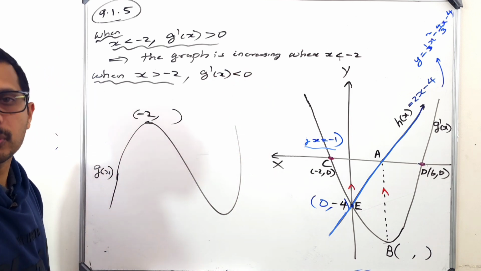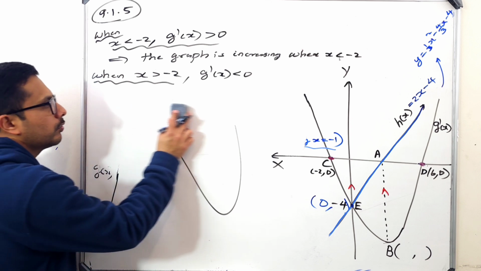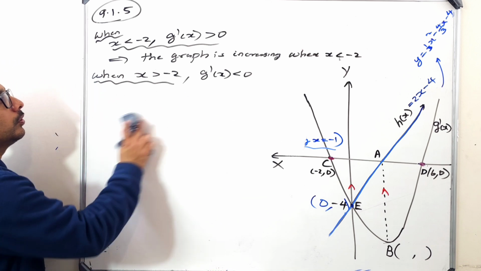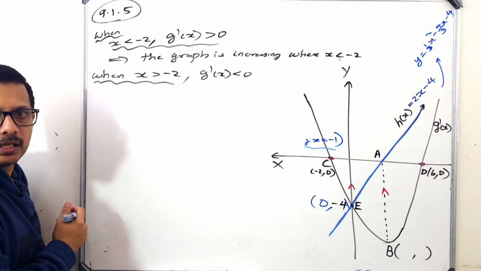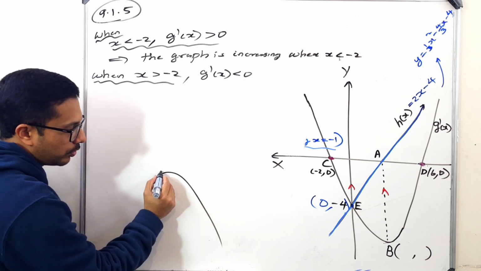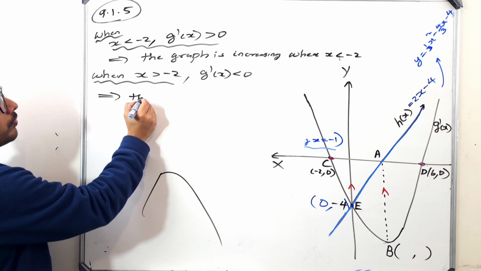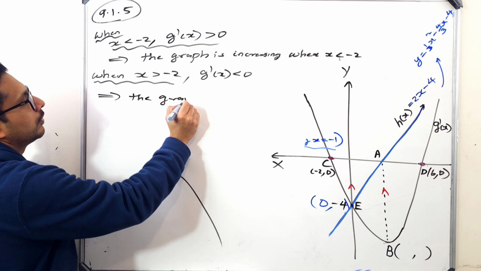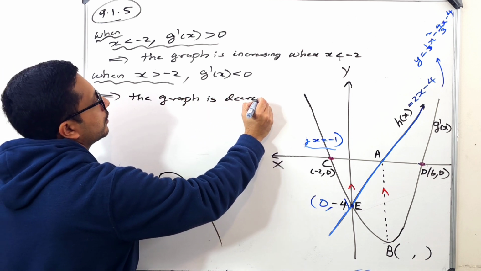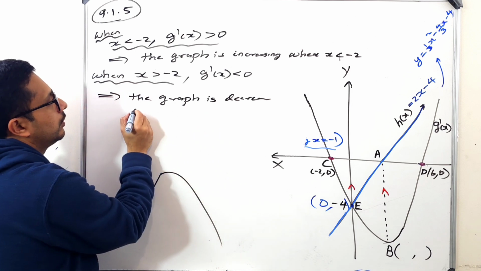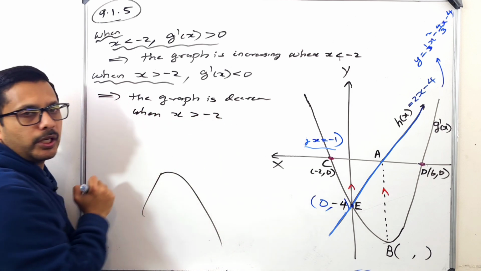We don't want to take a number and prove that one. There is no need of that. It's only 2 marks. So when x is greater than minus 2, the first derivative is less than 0. First derivative is less than 0 means the graph is decreasing. It implies that the graph is decreasing when x is greater than minus 2.